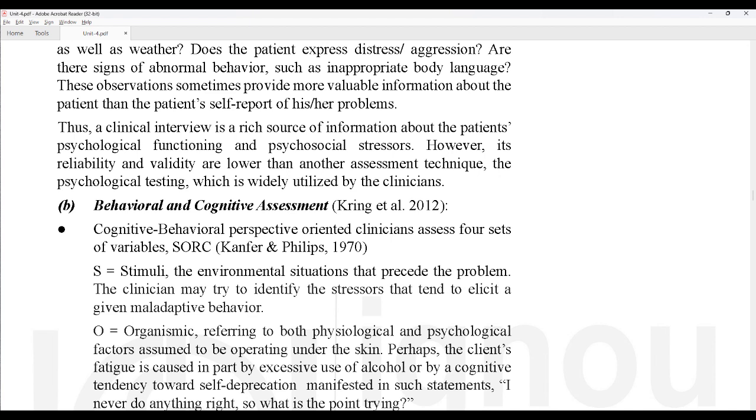The clinician may try to identify the stresses that tend to elicit a given maladaptive behavior. O equals organismic, referring to both physiological and psychological factors assumed to be operating under the skin. Perhaps the client's fatigue is caused in part by excessive use of alcohol or by a cognitive tendency toward self-deprecation manifested in such statements as, "I never do anything right, so what is the point of trying?"